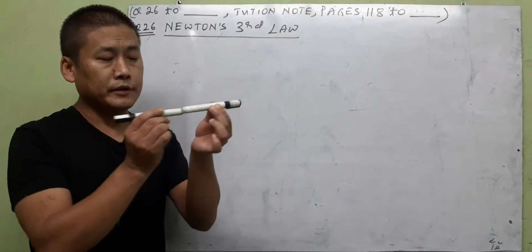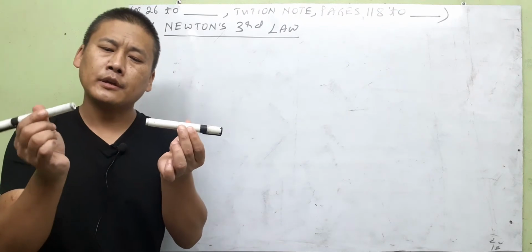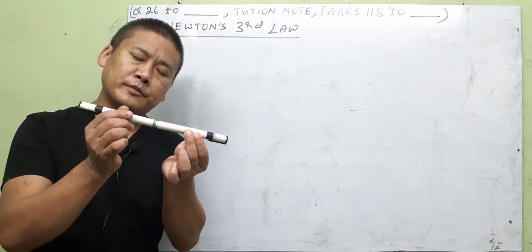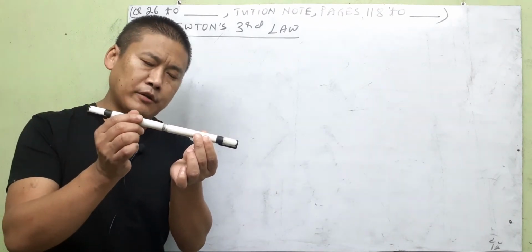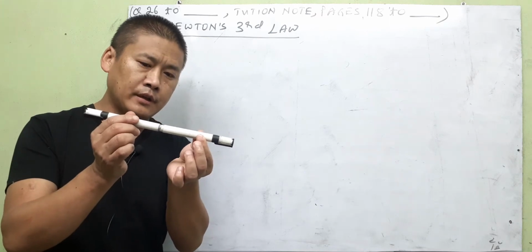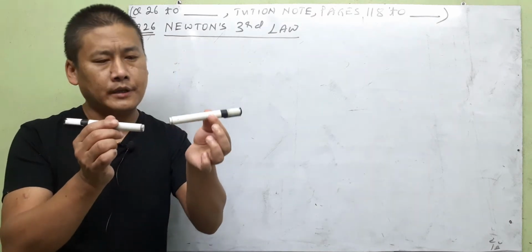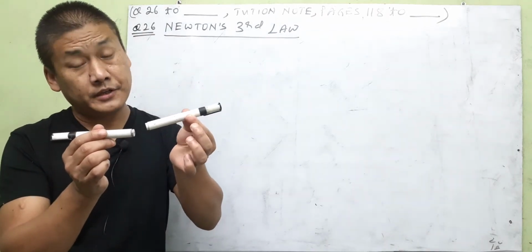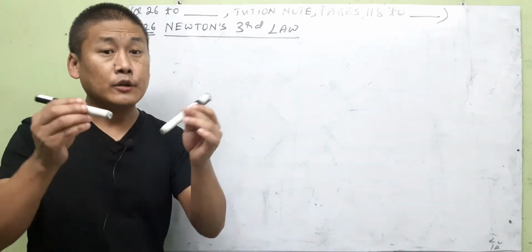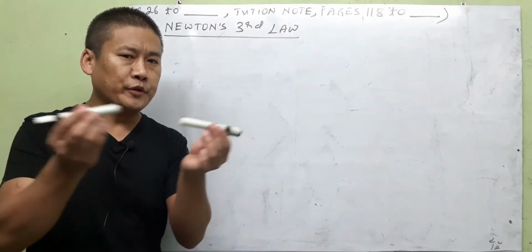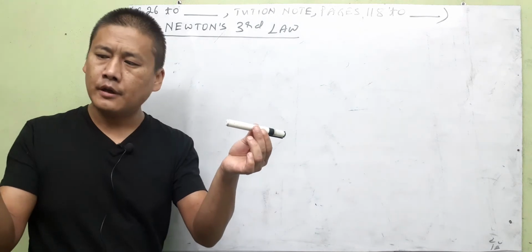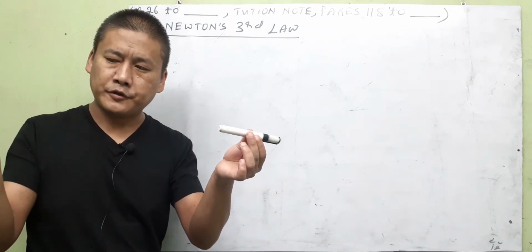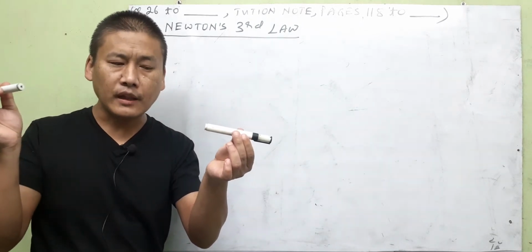And this third law is saying the amount of force which the first object applies on the second object when they collide, and the amount of force the second object will exert on the first are exactly equal and also opposite in direction. The first object has a force acting from left to right.